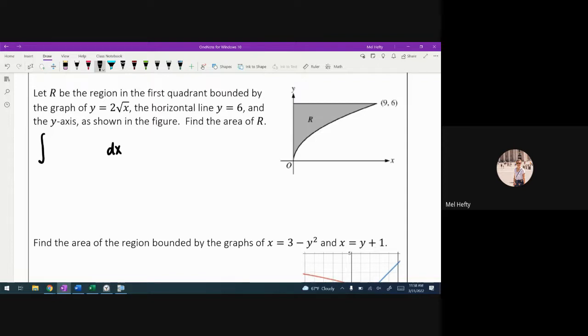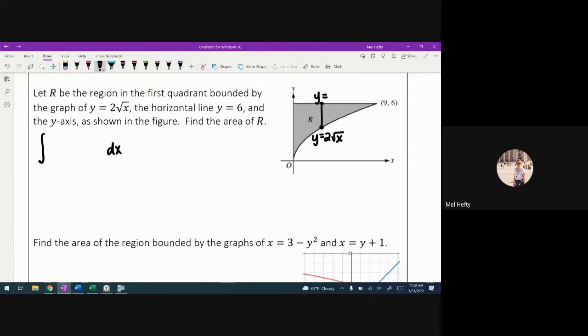What the bound is? Okay, so how far left can I go?